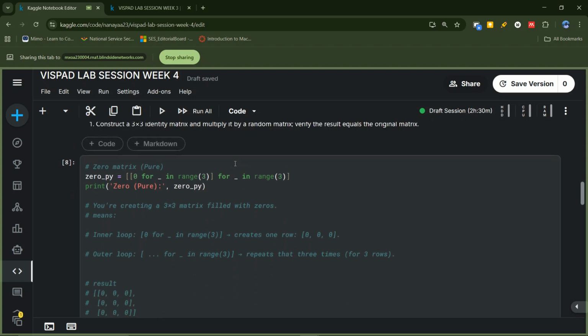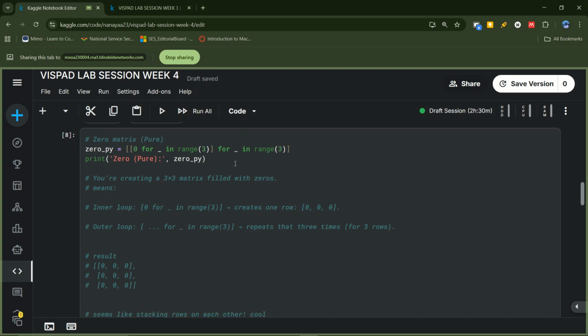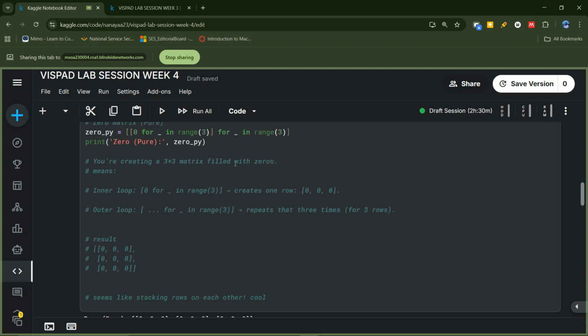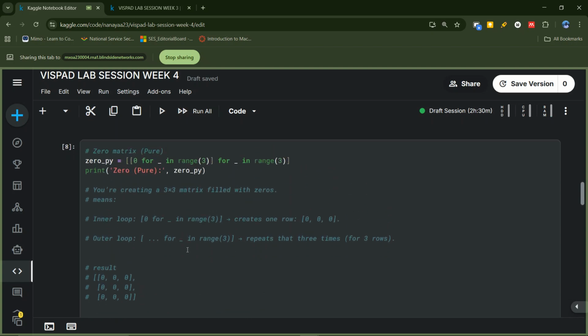So we have the zero matrix. I've commented some sentences down here for you to really understand. We have 0 for underscore. Remember I said underscore is nothing scary.